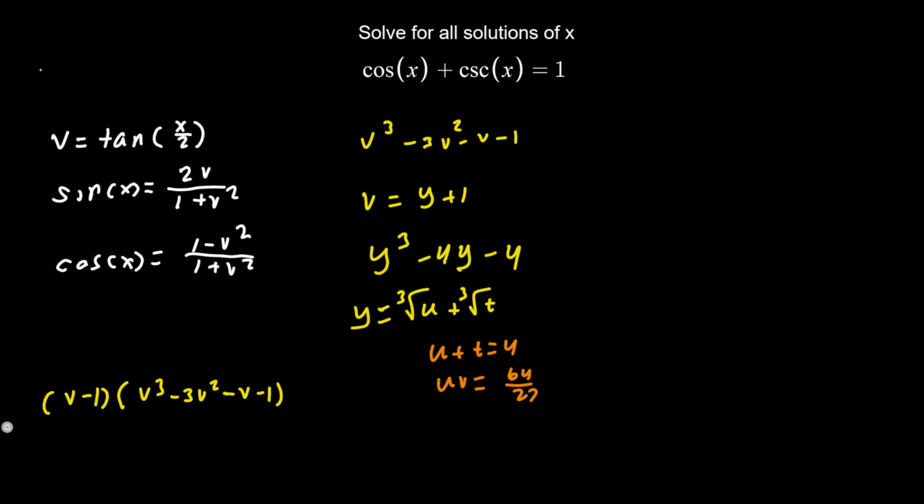Yeah, and I forgot to set all of this equal to 0, which is important when we're solving an equation. So here we will have u is equal to 64 over 27t.